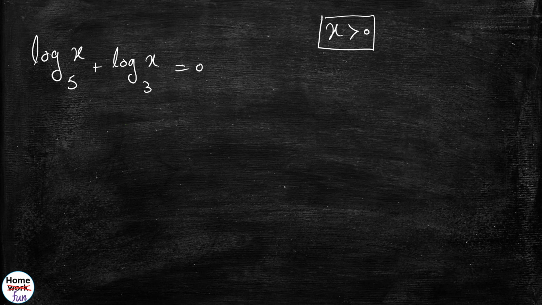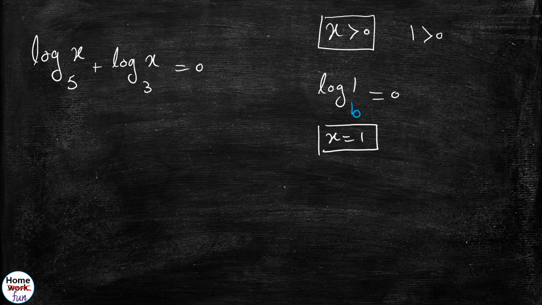We also know that log of 1 with the base of anything would be 0. So one answer to this equation is that x could be 1. That's one solution.